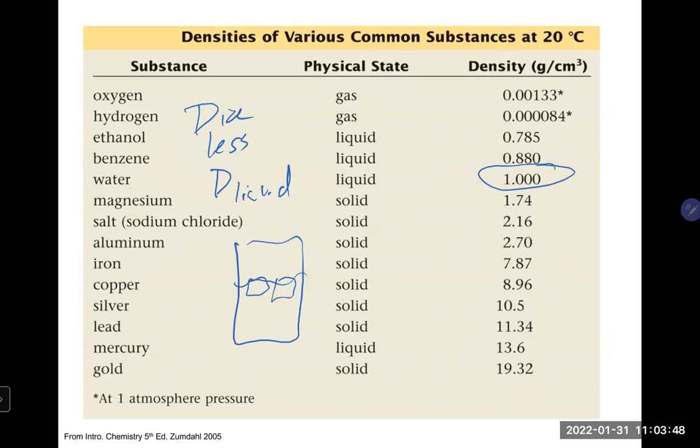Most substances are more dense in their solid state than their liquid state. Water is one of them. Because of the way the molecules come together in the solid state, it creates a lot of open space between the different water molecules, which increases the volume. So as the water molecules in the ice state come together and bond, they have all this open area that creates a much larger volume.